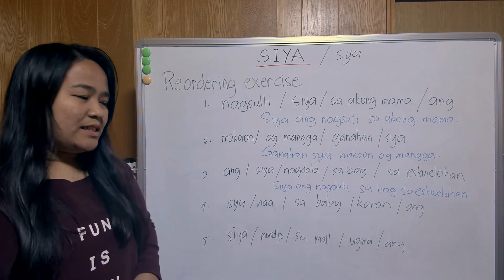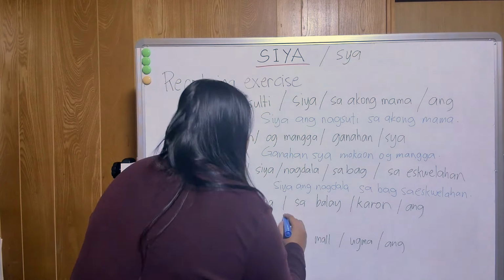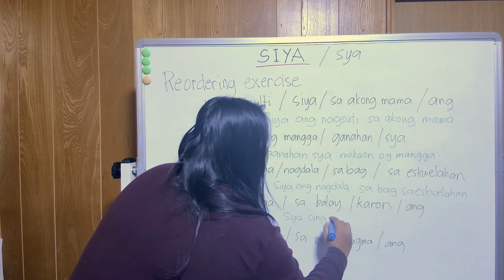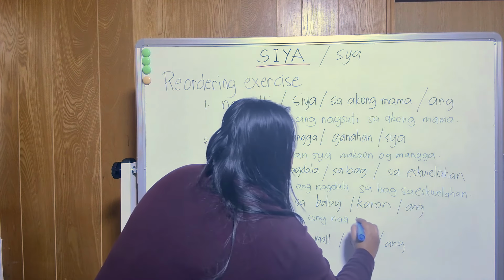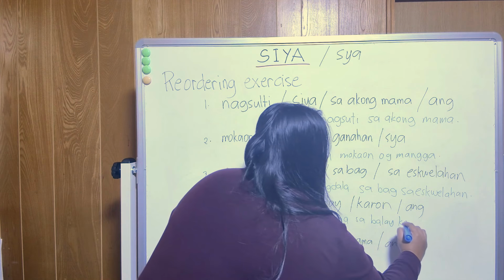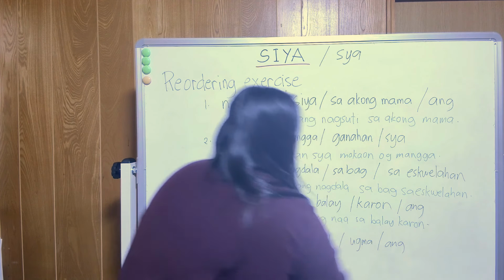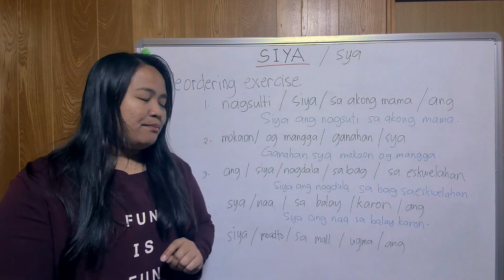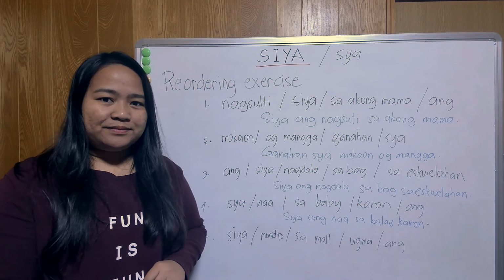Alright, so the sentence is siya ang naa sa balay karon. Yes, that's number 4. Siya ang naa sa balay karon.